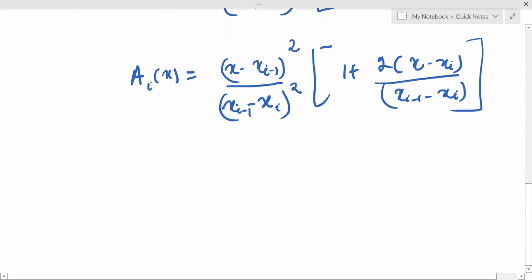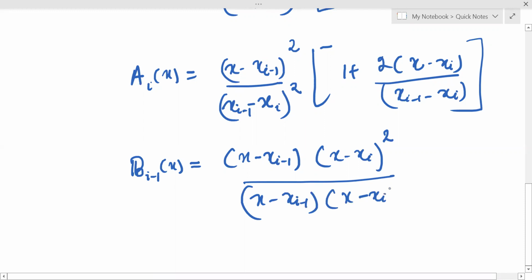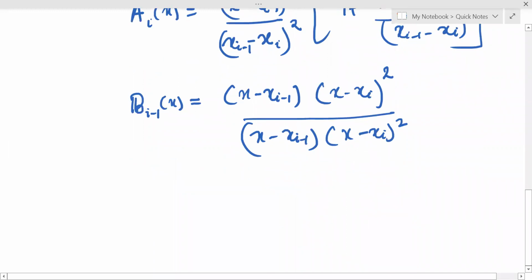This is a_i(x). Then b_{i-1}(x) is equal to x minus x_{i-1} into x minus x_i whole square, divided by x_{i-1} minus x_i whole square. This is b_{i-1}(x).